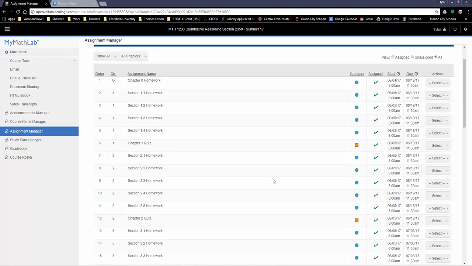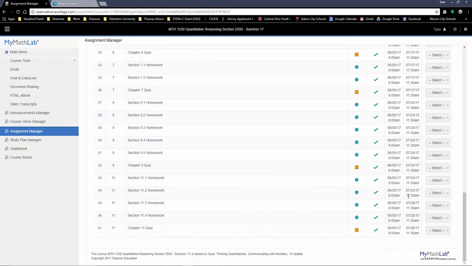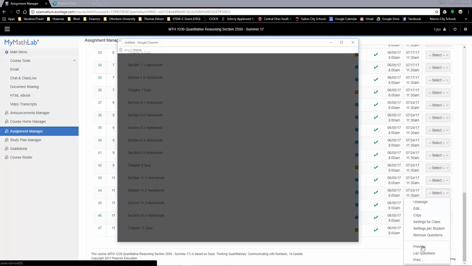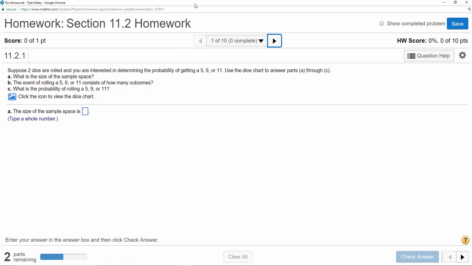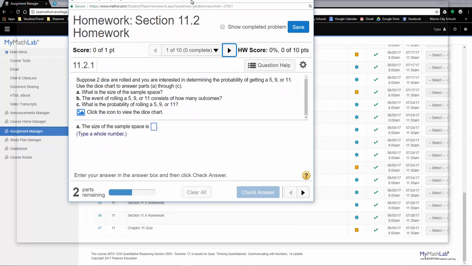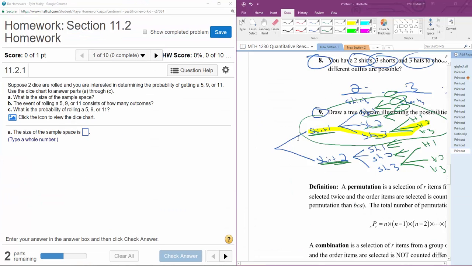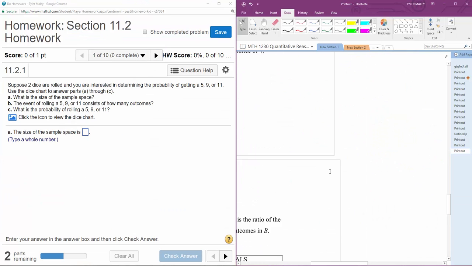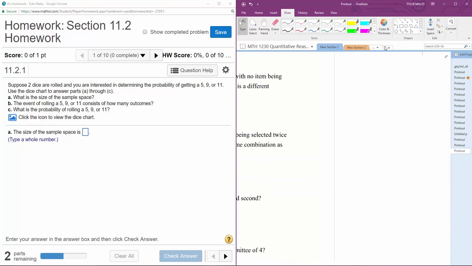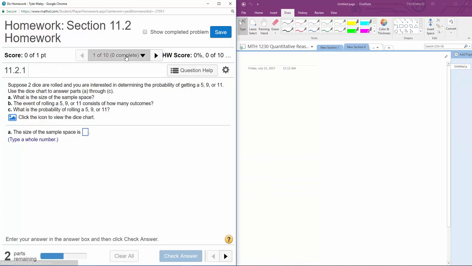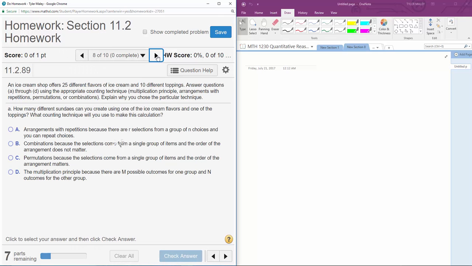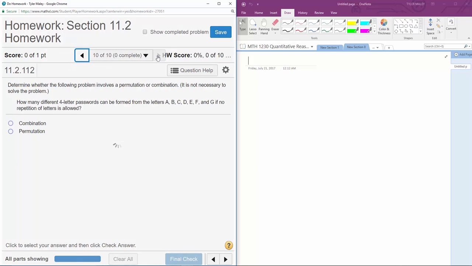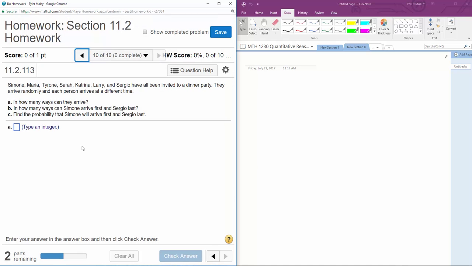This is an 11.2 homework. I want to look at this problem.